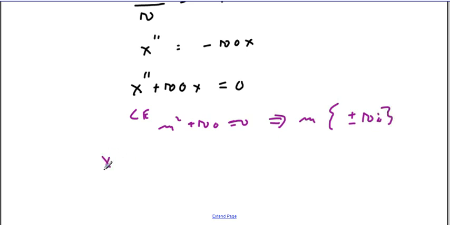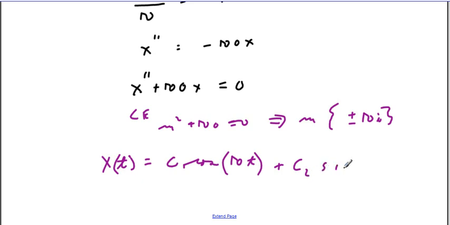So x of t gets to be C1 cosine 10t, and plus C2 sine 10t.